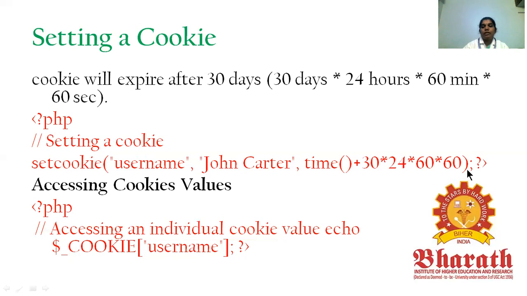Here not all the attributes are given, only whatever is important. Other attributes are automatically ignored, and if you wish, you can add them. To access cookie values, we use the global variable $_COOKIE, with which you can access the value of the cookie.